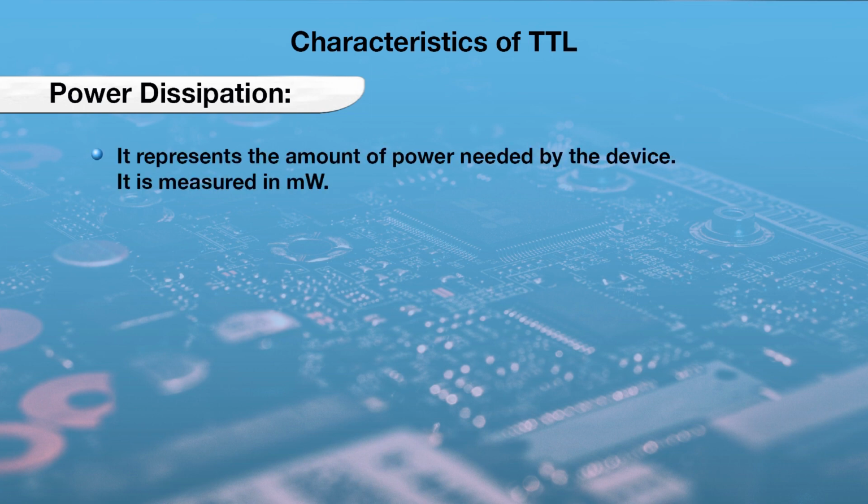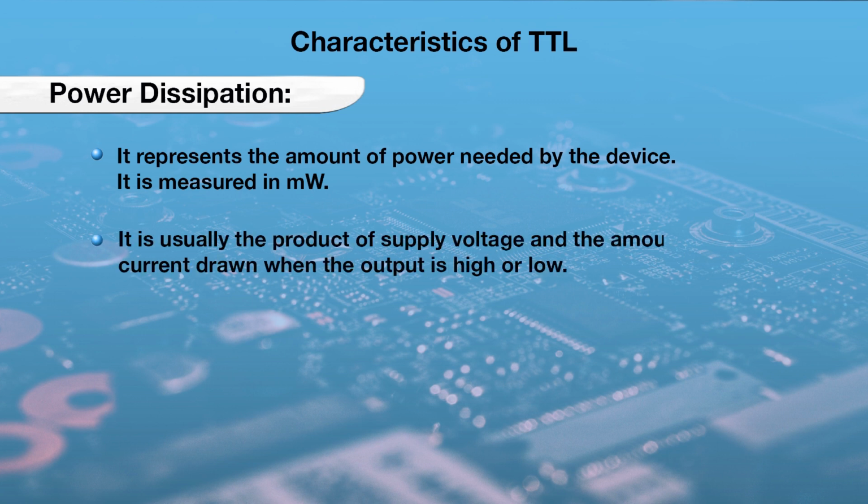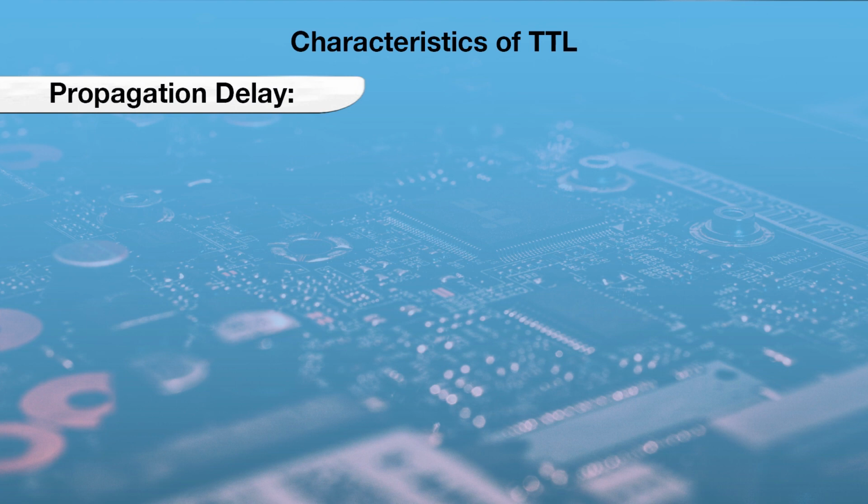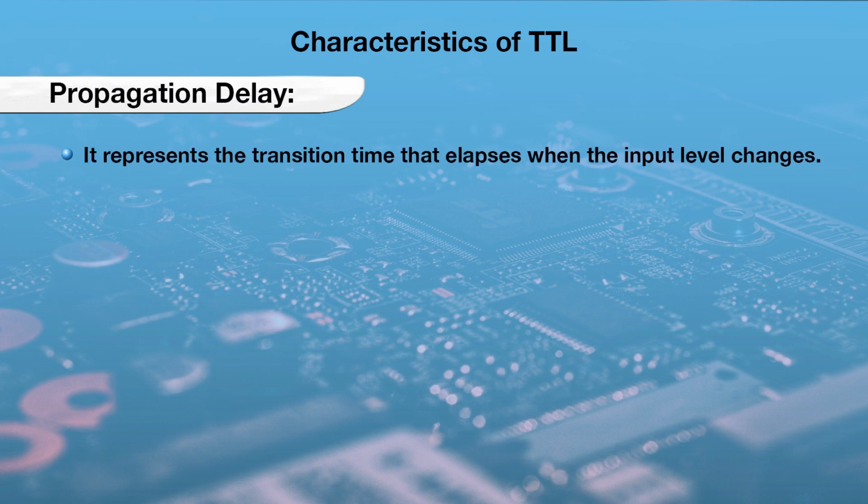It represents the amount of power needed by the device, and it is measured in milliwatts. It is usually the product of the supply voltage and the average current drawn when the output is high or low. Propagation delay represents the transition time that elapses when the input level changes.